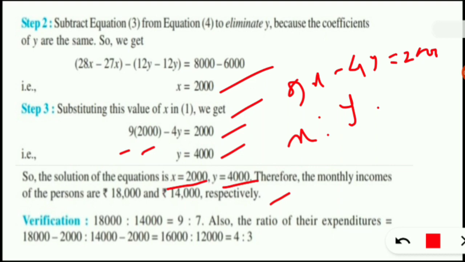Okay, also the ratio of expenditure equals 18,000 minus 2,000 ratio 14,000 minus 2,000, that means 16,000 ratio 12,000, so 4 ratio 3, which is satisfied, that's why verified. Okay, clear?